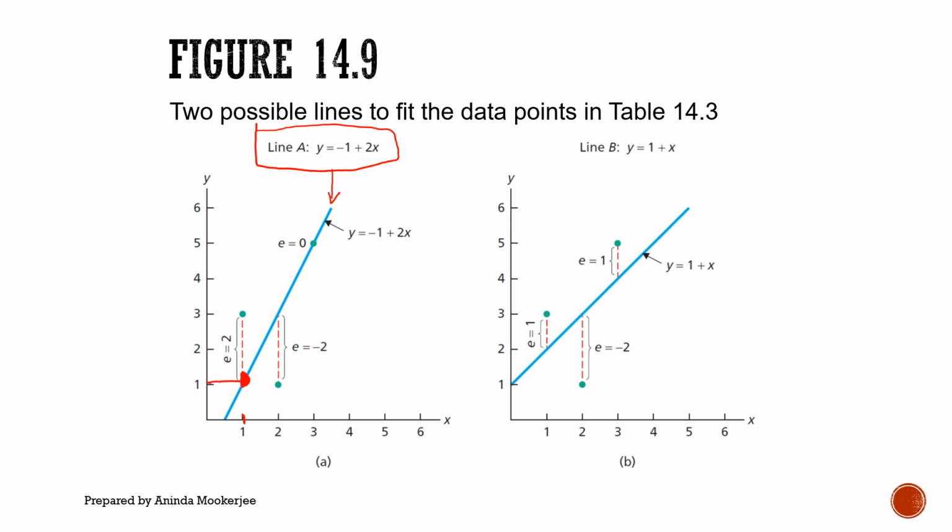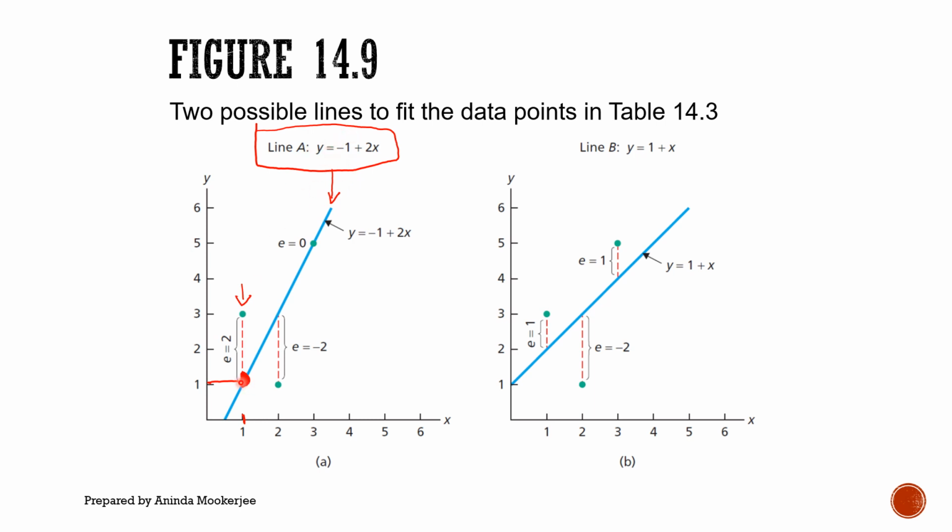Now this green dot, which also has an x value of 1, is an actual data point. It's our sample data. What we do is we try to find out what is the variance of the predicted value that comes from this line.